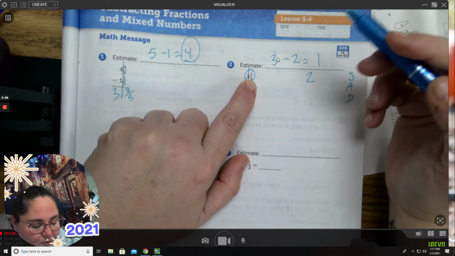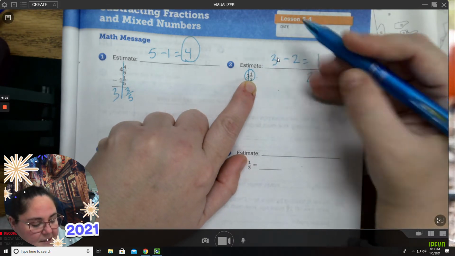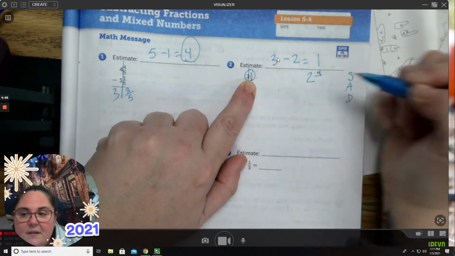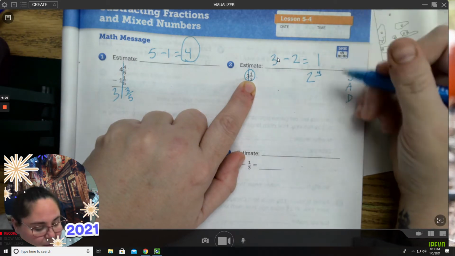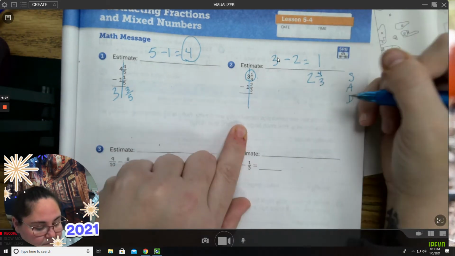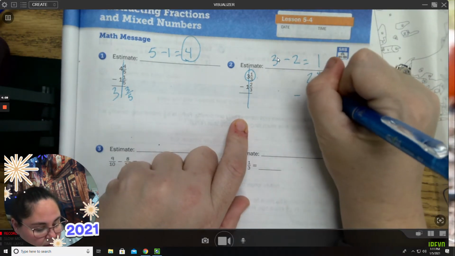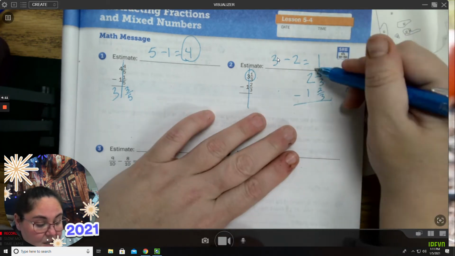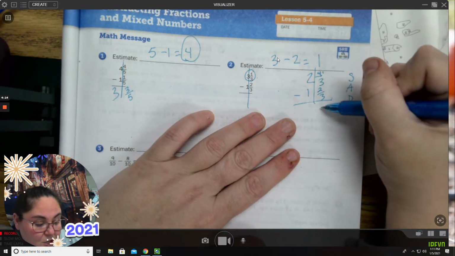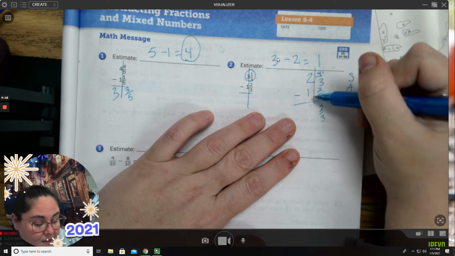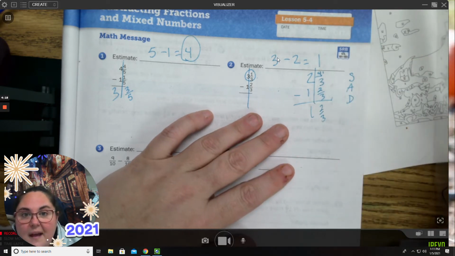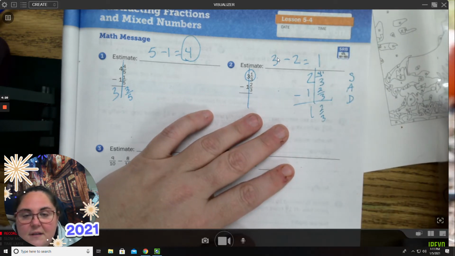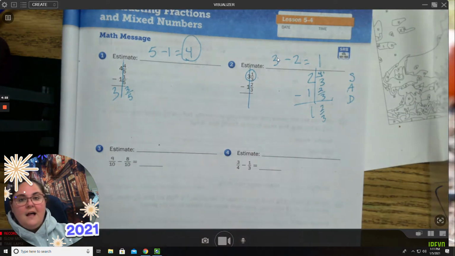Add my numerator and denominator, 3 plus 1 is 4. And then my denominator stays the same. Now I can subtract. 4/3 minus 2/3 is 2/3. 2 minus 1 is 1. Absolutely, that works.